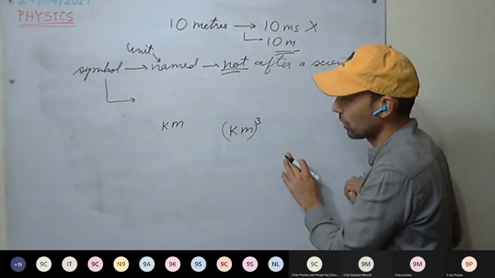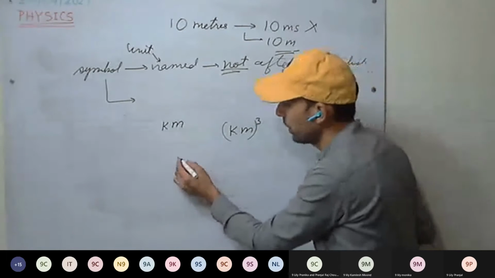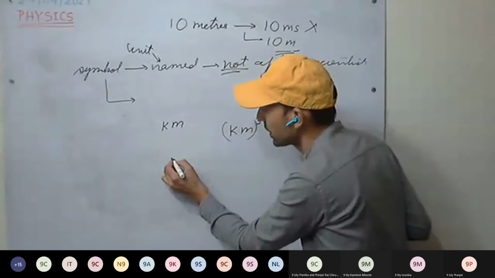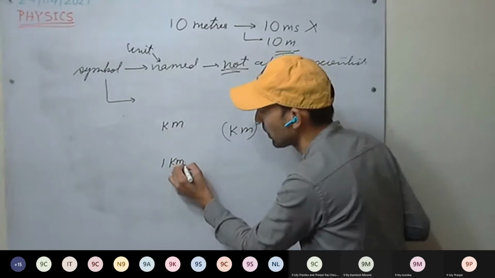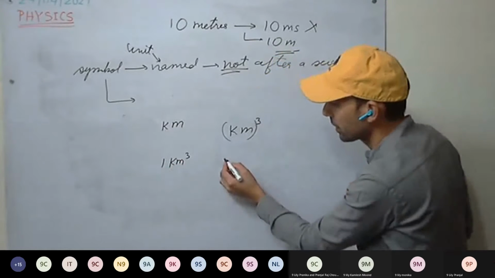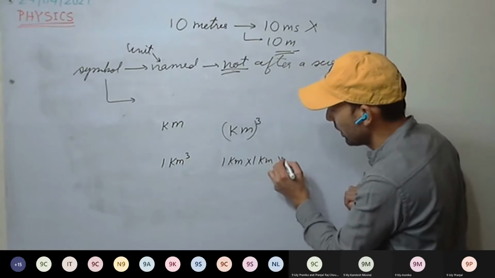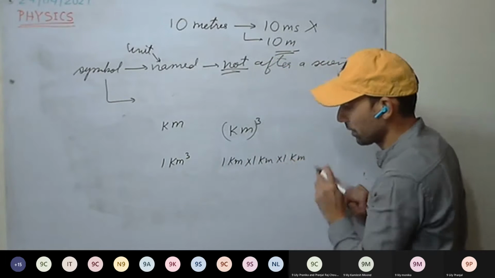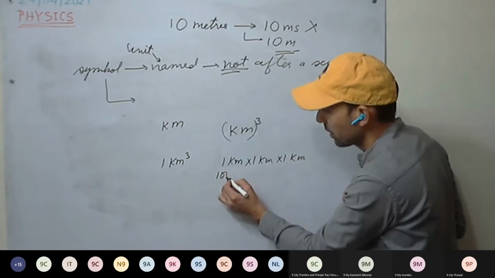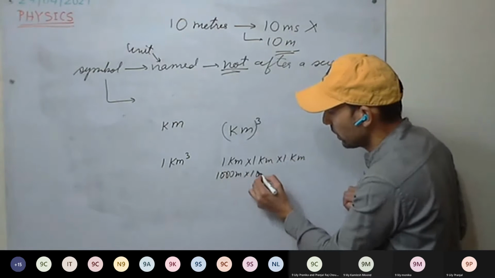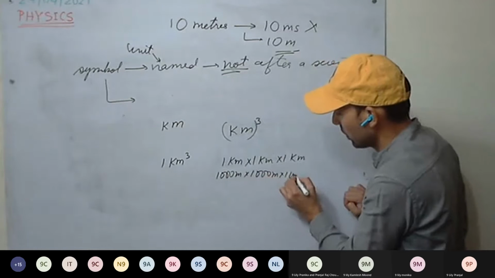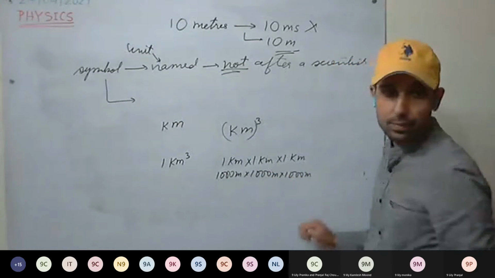So if I write 1 kilometer cube, it means 1 kilometer into 1 kilometer into 1 kilometer. That means 1000 meter into 1000 meter into 1000 meter.